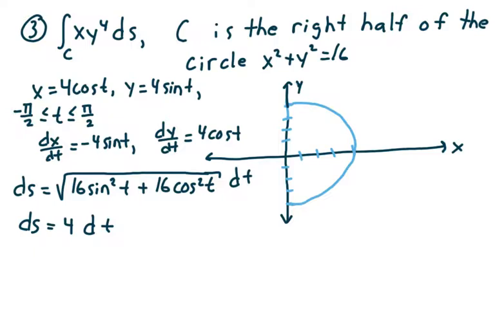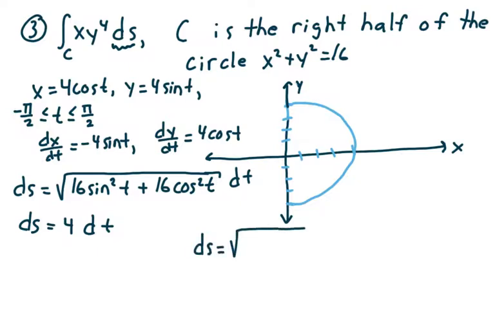So ds, right? We need our ds right here, is going to be the square root of 16 sine squared t plus 16 cosine squared t. But that says ds is 4 dt. And so let's make sure we're okay there.